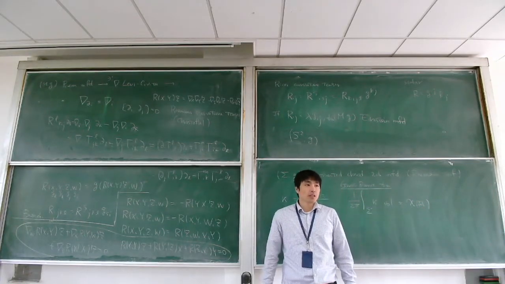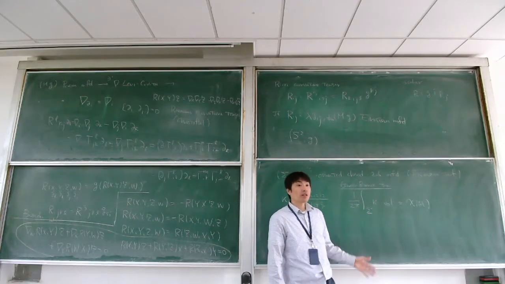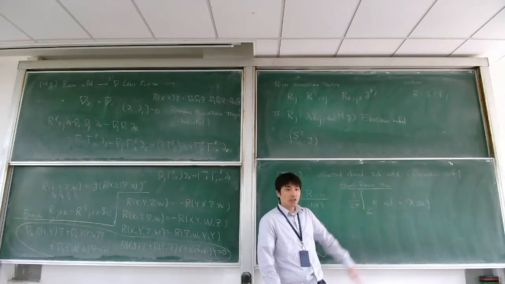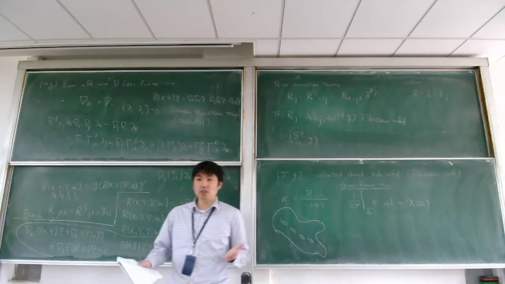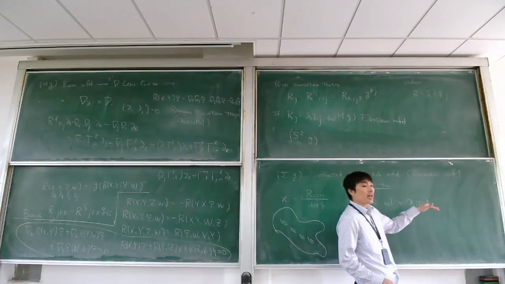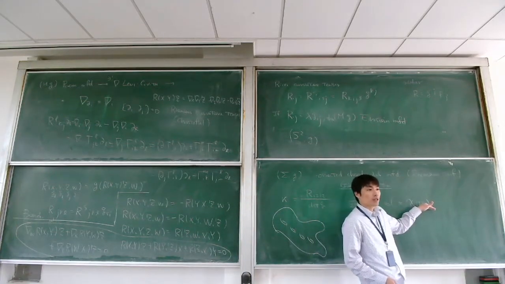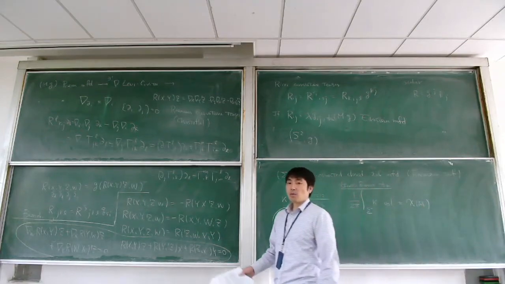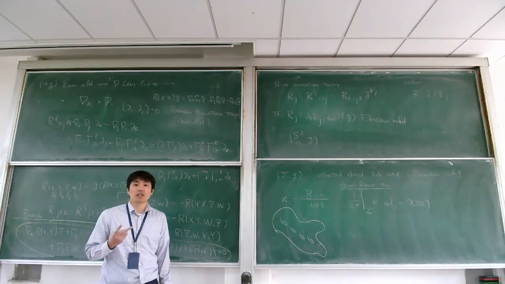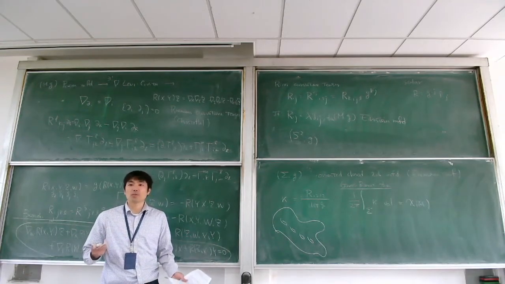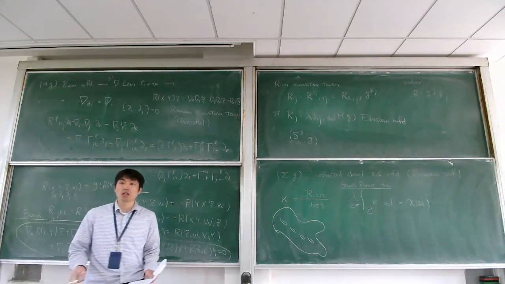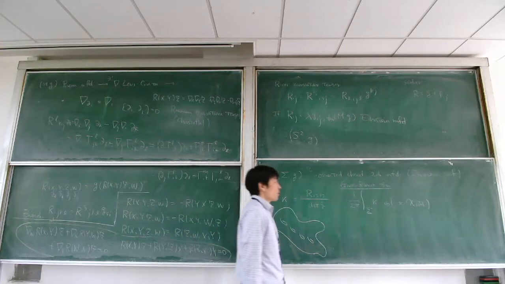So this Gauss-Bonnet theorem connects differential geometry on the left-hand side, where you need to introduce a Riemannian metric, with a topological object on the right-hand side. It connects two branches of mathematics, differential geometry and topology.